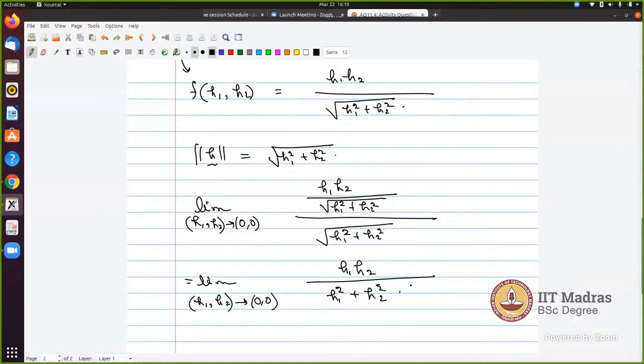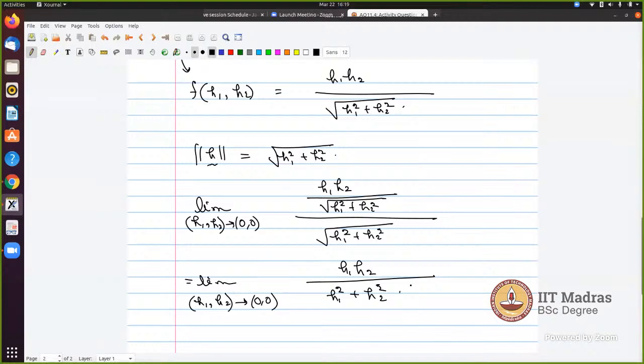Yes, sir. So does this limit exist? No, sir. Why? If we take the straight line y equals mx, so h1 equal to m into h2, then that will be a function of m. So this limit does not really exist, right? So this function is not differentiable. Is it clear? Yes, sir.